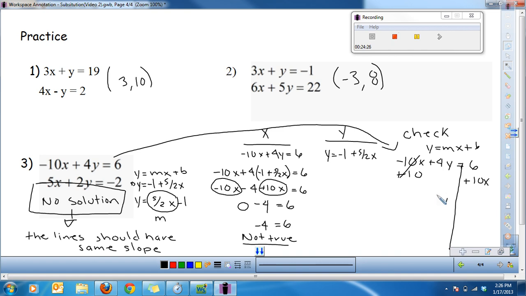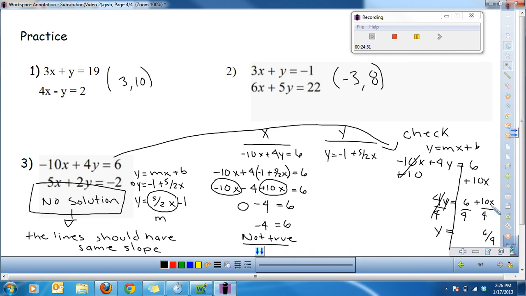These cancel out. I'm left with 4y is equal to 6 plus 10x. I still need to isolate my y, so I'm going to divide by 4.